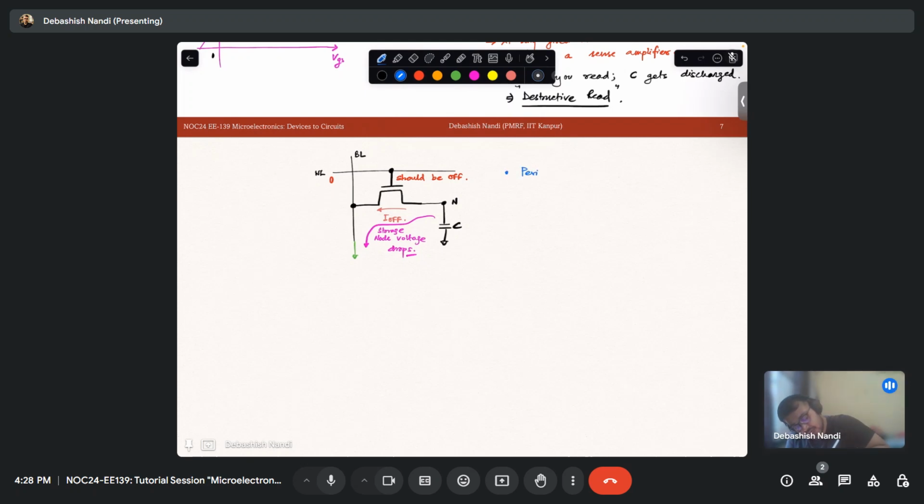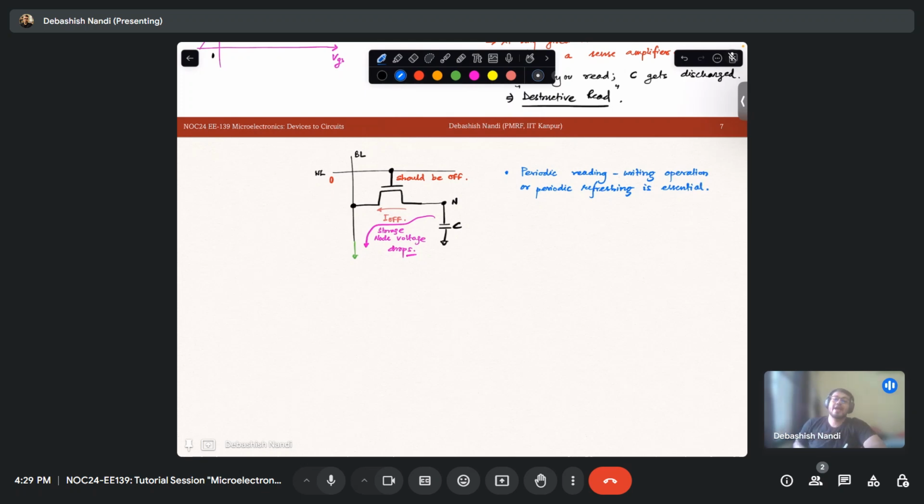That is not ideal. So what do we do? A periodic reading writing, means you read the data and immediately write back again. Okay, so that the reading writing operation or periodic refreshing is essential.